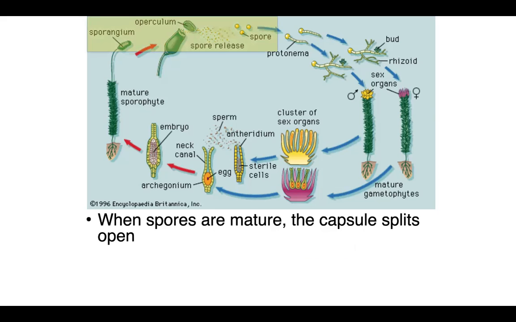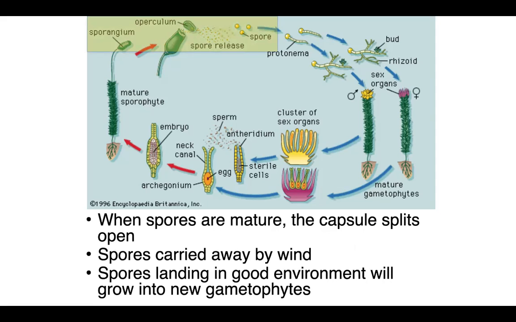When the spores are mature, the capsule splits open and the spores are carried away by the wind or even water if it's raining. Any spore that lands in a good environment will grow into new gametophytes. You've got the spores, they can grow little extensions. You've got buds here. Here is the rhizoid.